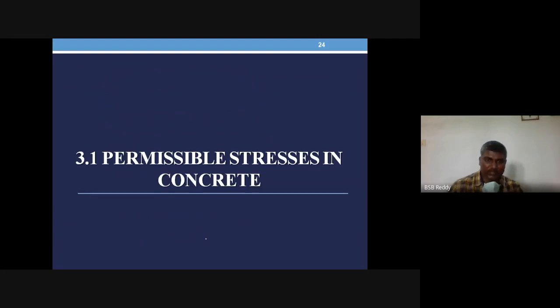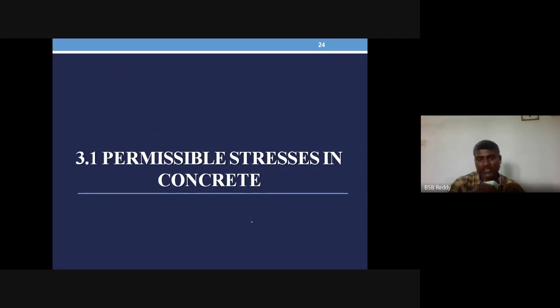Now, coming to permissible stresses in concrete. After introducing what is meant by high strength concrete, what is meant by high performance concrete, all the different properties that it has, like compressive strength, tensile strength, durability, and likewise stiffness, now we will see how much stress you can permit in the concrete to exactly analyze and design a pre-stressed concrete member.